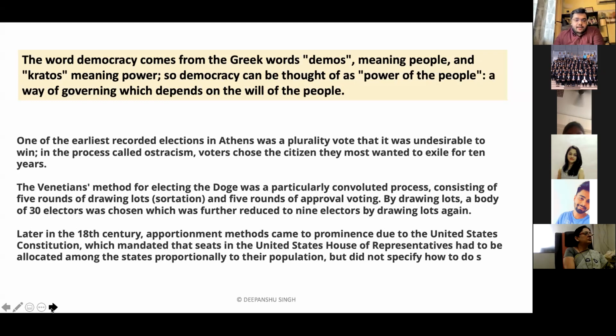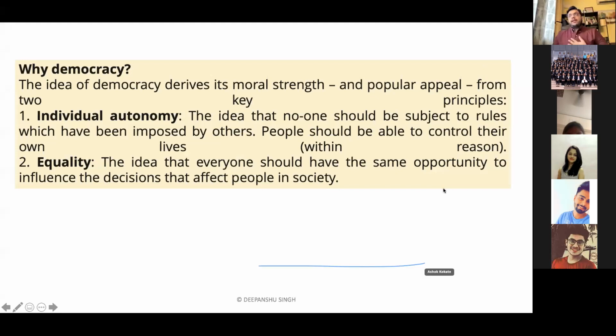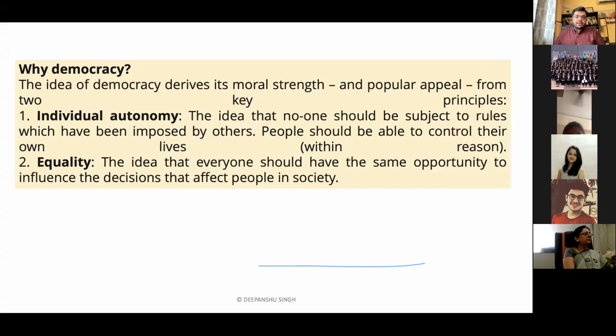So having said that, why do we actually need democracy? Most of the time when I am teaching polity and constitution in my classes, when we start the topic of elections, I have noticed that it's pretty common among students, and law aspirants and law students also, that we might know about elections, but what is the basic nature of our democracy, and why do we actually need it?